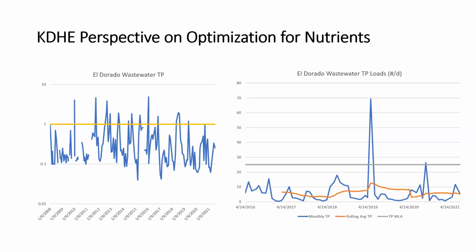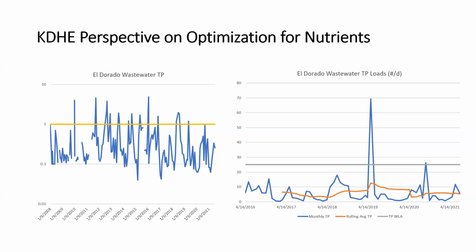And in front of you is a classic example of this down at El Dorado, where they've installed BNR, but their operators have routinely been able to produce effluent that is low in nitrogen, but in our targeted nutrient, phosphorus, where we set a goal of 1 milligram per liter, they've been operating consistently at or below that enhanced nutrient reduction level of 0.5 milligrams per liter. That goal is not regulatory. It's just an operational objective.